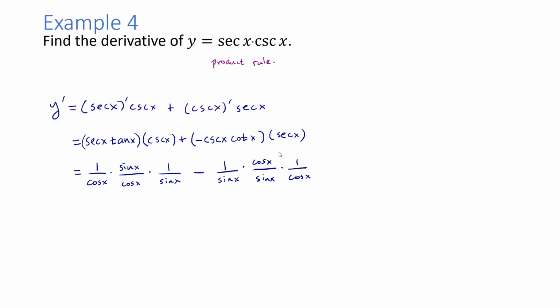So right there I notice the cosines divide, the sines divide. So I have 1 over cosine squared minus 1 over sine squared. Or I can write this as secant squared minus cosecant squared. So it looks a little simpler that way.